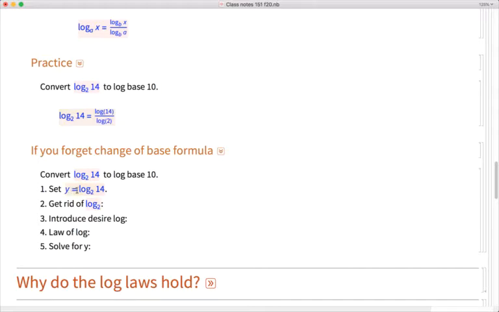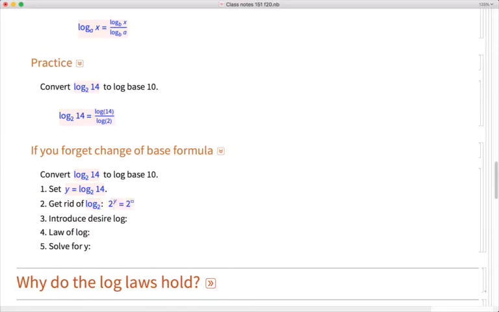You're going to set y equal to this thing that you need. So this is an equation, and it's got log base 2 in it. You want to get rid of the log base 2. You're converting from log base 2 to something else. So you want to ditch log base 2. How do you get rid of log base 2 in this equation? Well, what's going to kill off log base 2 is if we exponentiate both sides.